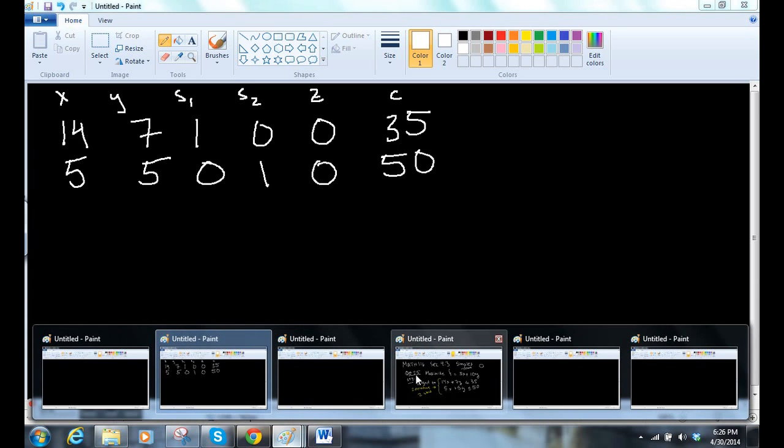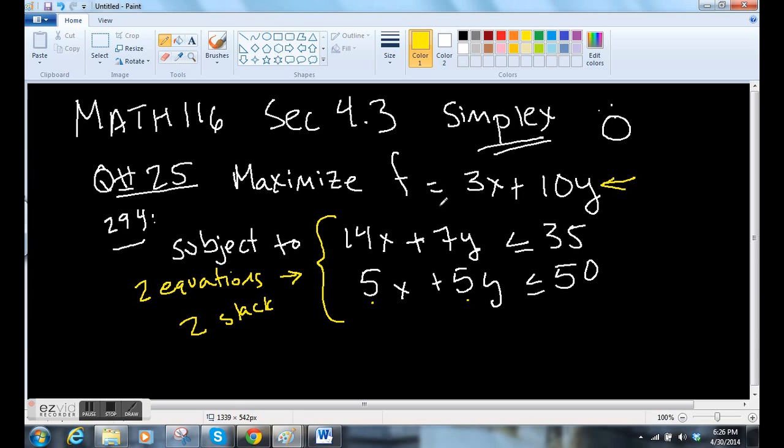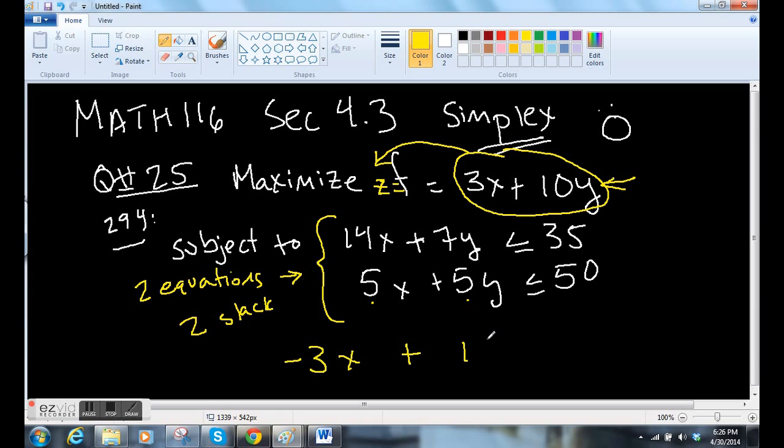Our final row, as you recall, is the maximizing variable. Suppose we call this function z. If we bring everything onto the other side so we can set it equal to 0, we subtract 3x and subtract 10y, so minus 3x minus 10y plus z equals 0.